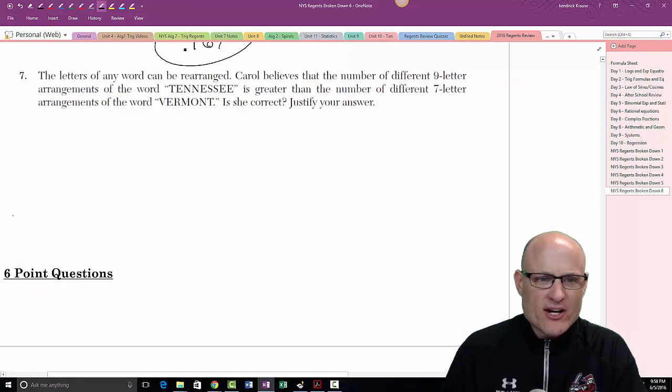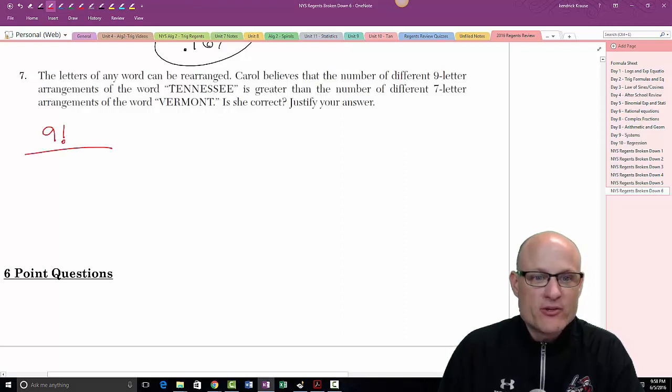All right, so Carol believes that because Tennessee's a longer number, it's got 9 letters, there's more arrangements with Tennessee. So we'll take a look at Tennessee. Tennessee has 9 letters, so that would be 9 factorial, but we got to get rid of the repeaters. So 4 E's, 4 factorial. 2 N's and 2 S's, 2 factorial.